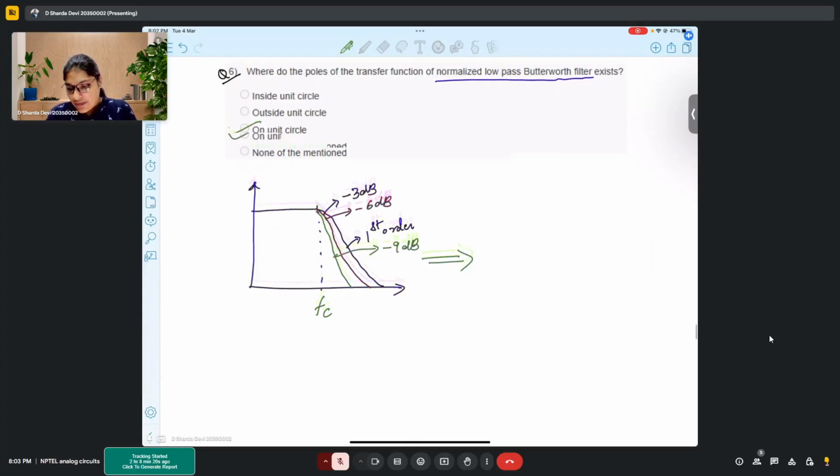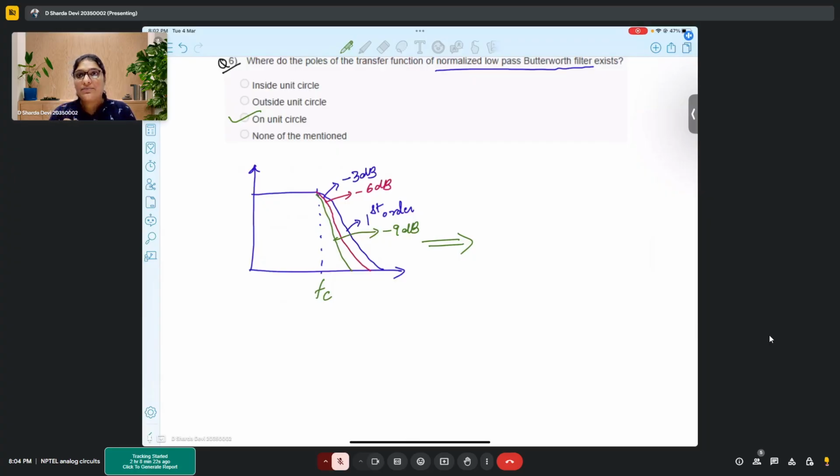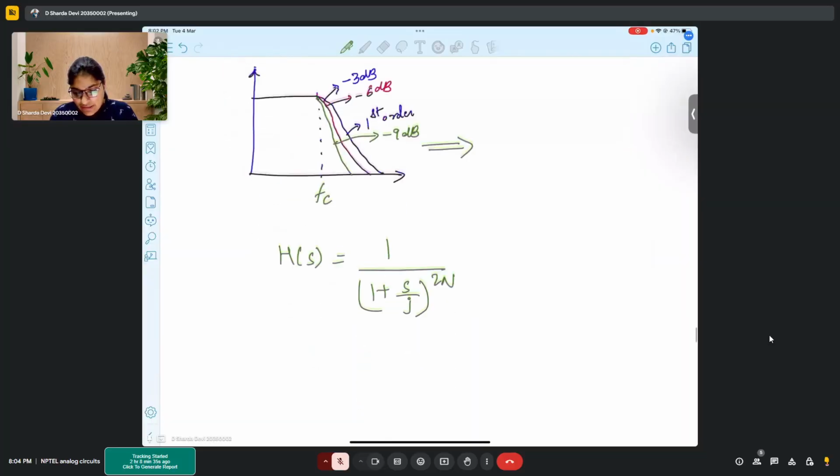So the transfer function of a normalized Butterworth filter looks like this: 1 upon 1 plus (s by j) to the power 2n.